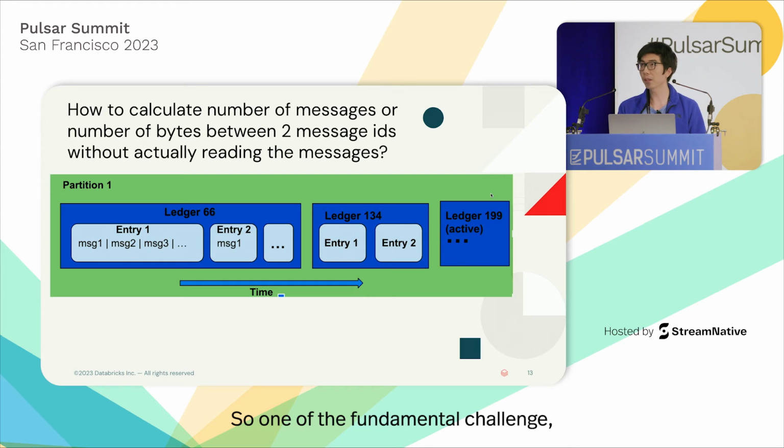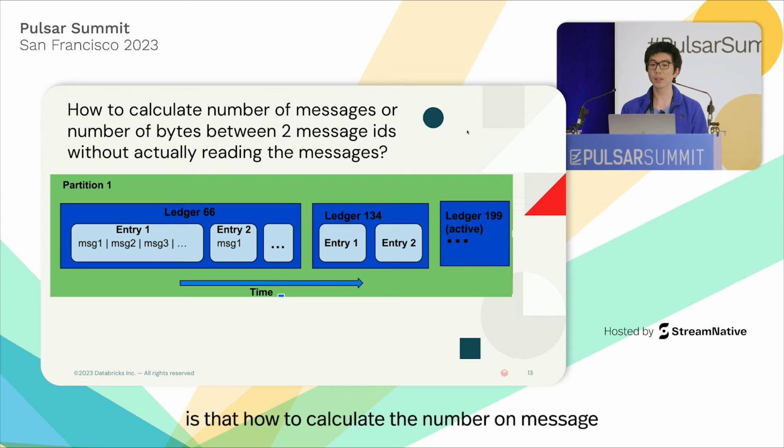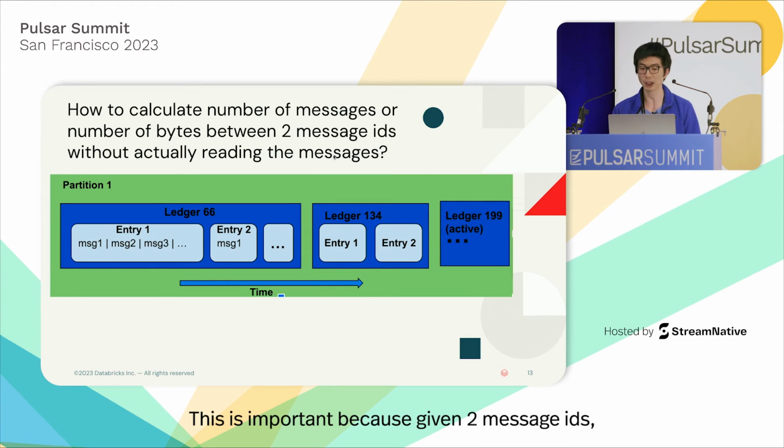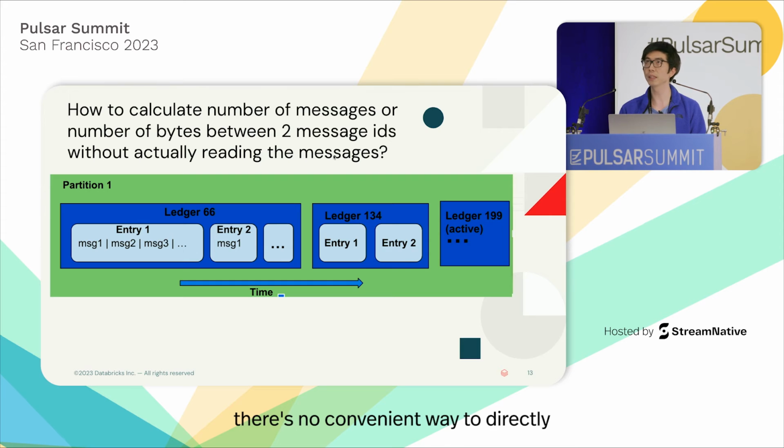One of the fundamental challenges, one of the questions that we need to answer, is how to calculate the number of messages or number of bytes between two message IDs without actually reading the message. This is important because given two message IDs, there's no convenient way to directly get the number of bytes or the number of messages between the two.